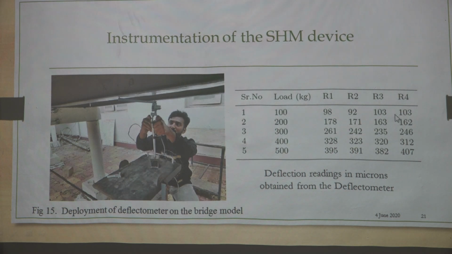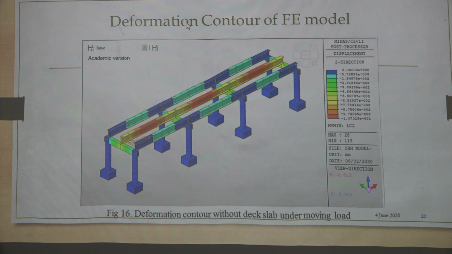We can pass the vehicle and see the deflection in micron. Similarly, for 200 kilograms these are the readings, for 300 kilograms these are the readings. These readings are taken in micron, and this is how we get the output.